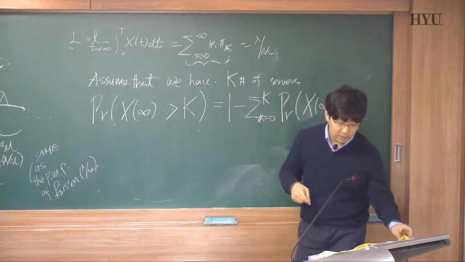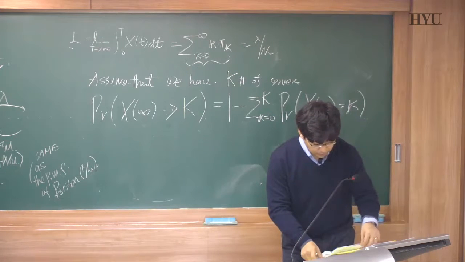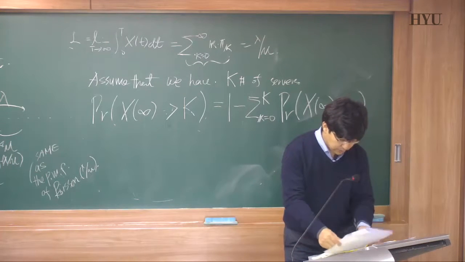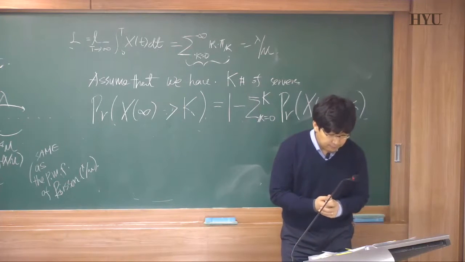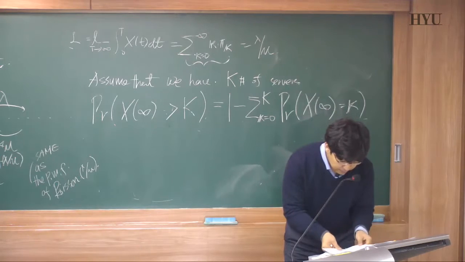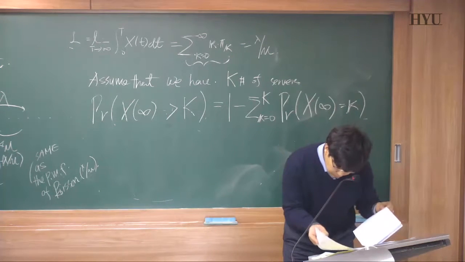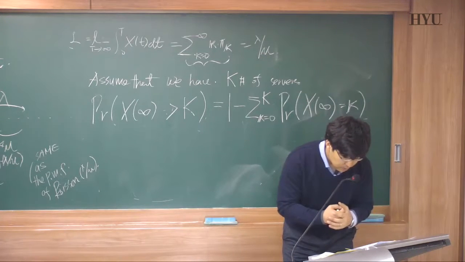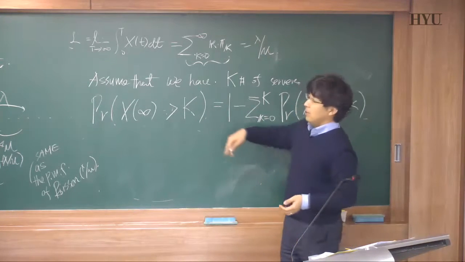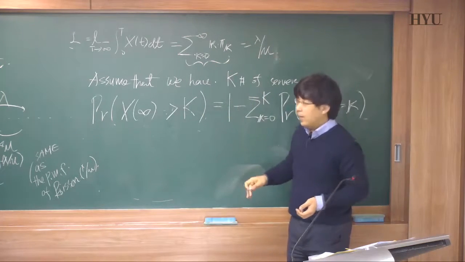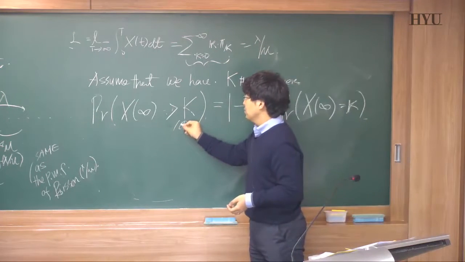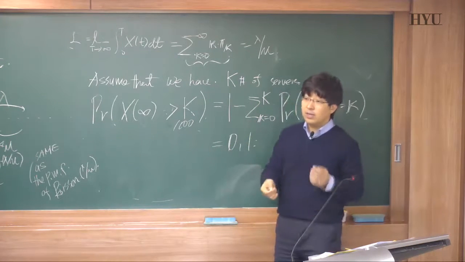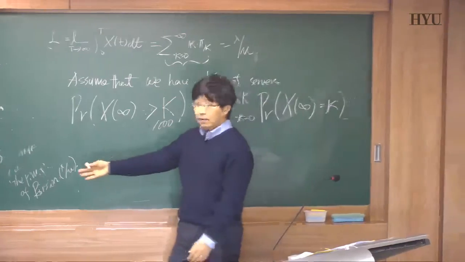So by the way, in your reading material, let's say with some lambda and mu, and for large K equals 100, we can get the number 0.1. You can calculate it because we know how to calculate.